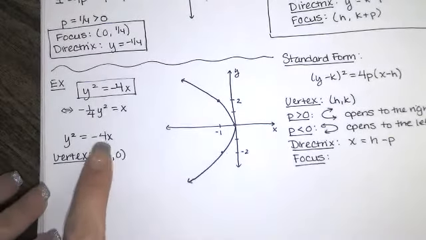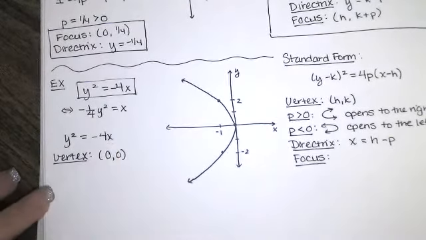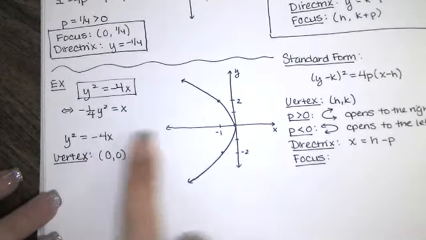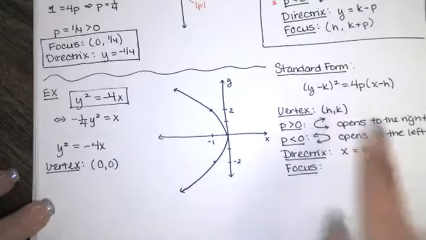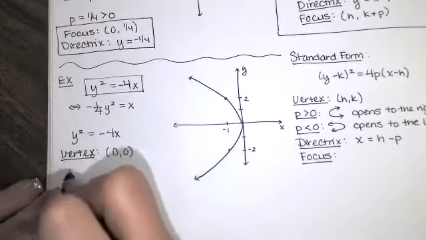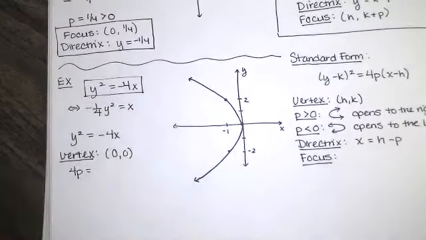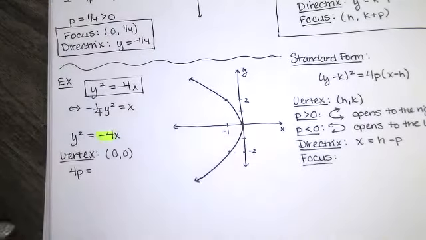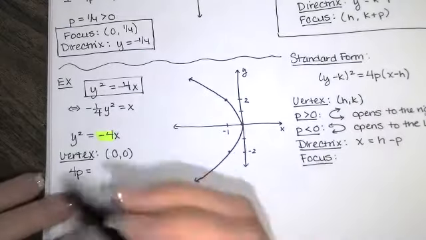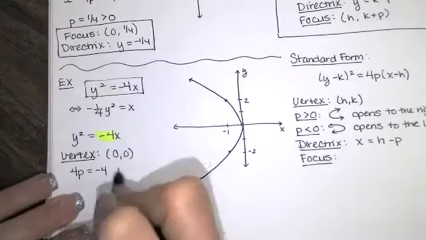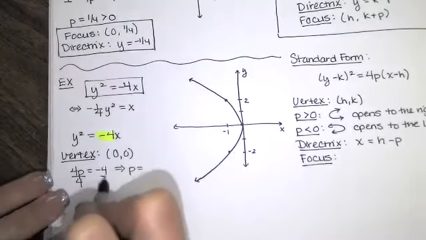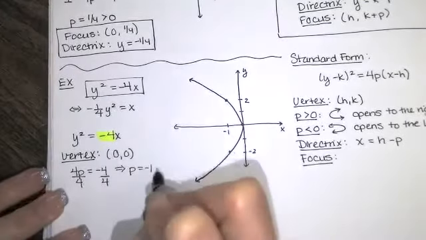Now the number in front of that variable that's raised to the first, -4, has to be 4p according to our formula. So 4p is equal to -4, the coefficient of the variable raised to the first, and then we solve for p. We divide both sides by 4, and we get p equals -1.